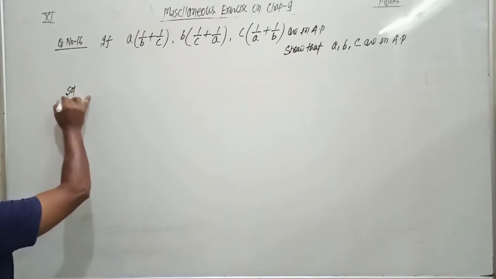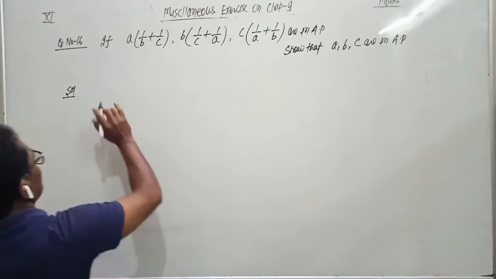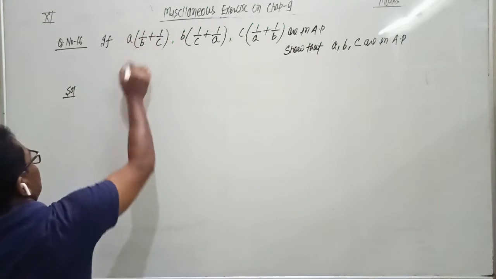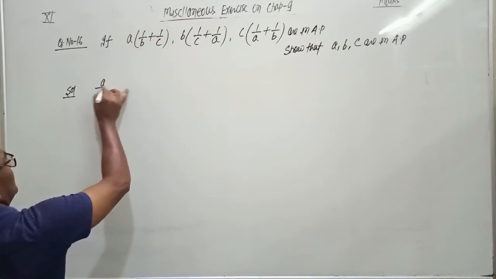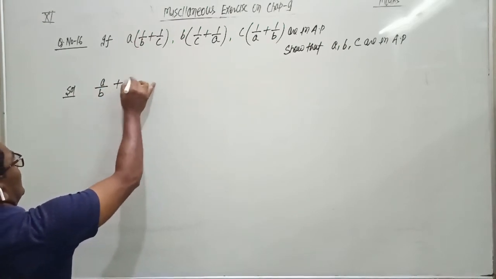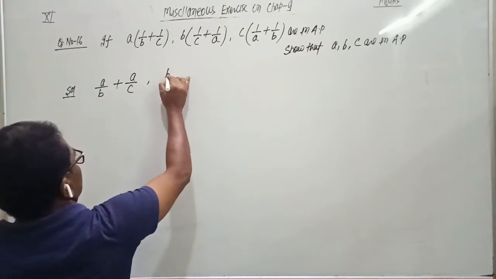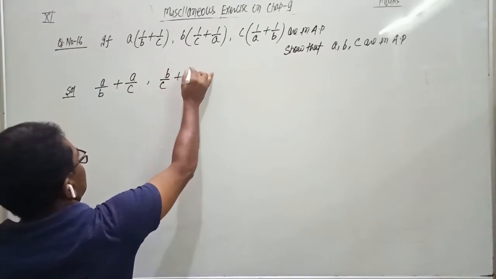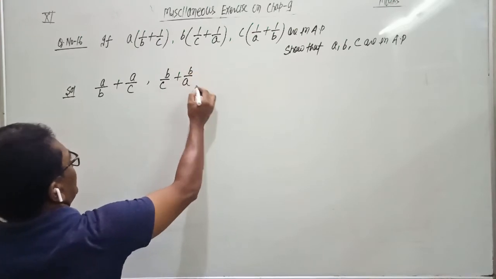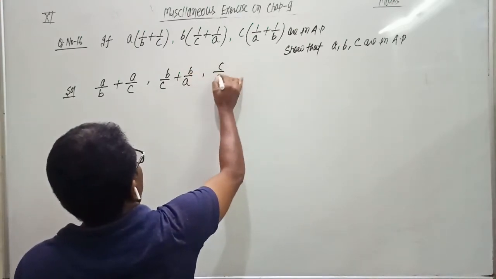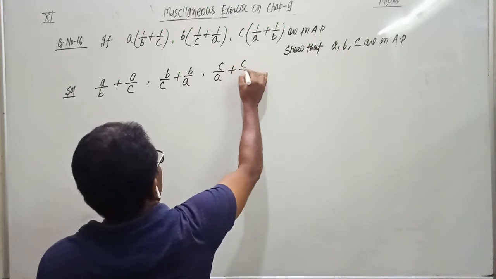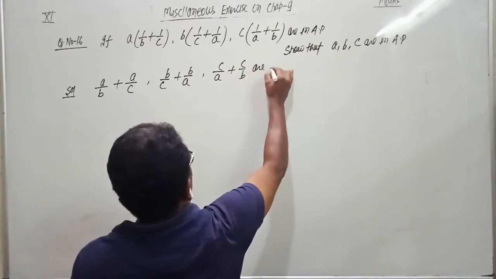So first of all, we remove the brackets. So a multiplied by 1 by b, we get a by b plus a by c. Then b by c plus b by a. Then c by a plus c by b are in AP.